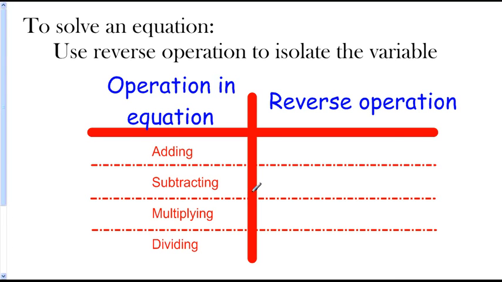Okay, so to solve an equation, we need to use the reverse operation to isolate the variable. So let's look. If we're adding, what is the reverse operation? Well, the reverse operation is going to be subtracting.